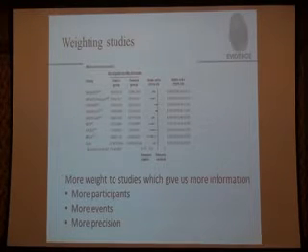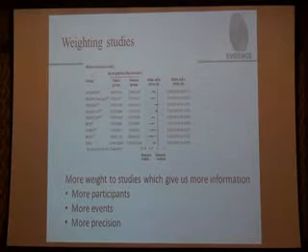Now, when you put all the studies together, you may consider them all the same, or you may give a different weight to different studies. This is what makes the difference between the fixed effect and the random effect.